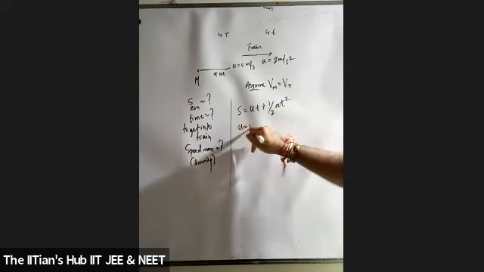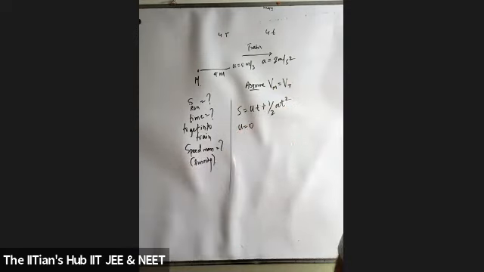And since the man is moving with constant velocity, the distance traveled by the man at any time would be velocity into the time taken. Now they have said that they have the same velocity when the man boards the train. It means that the final velocity of the train when the man boards is the same. So v is equal to u plus at.